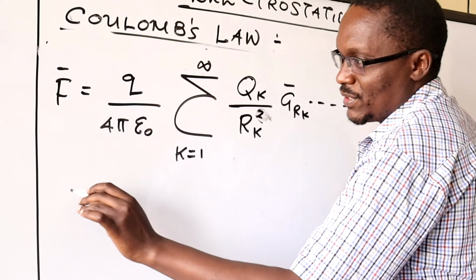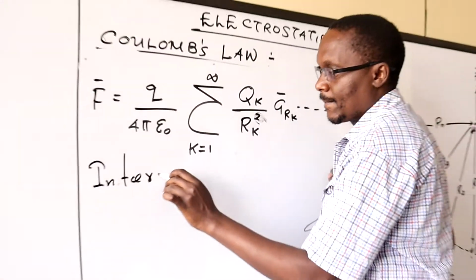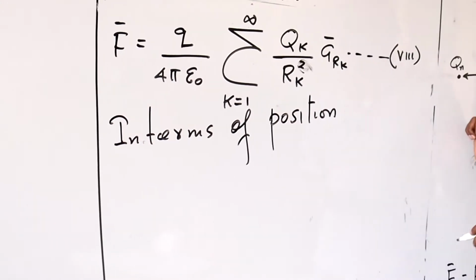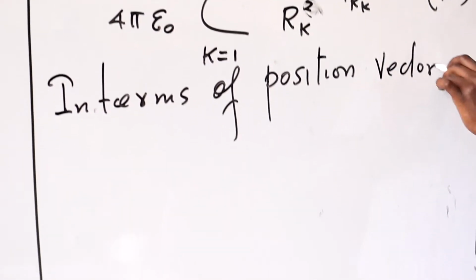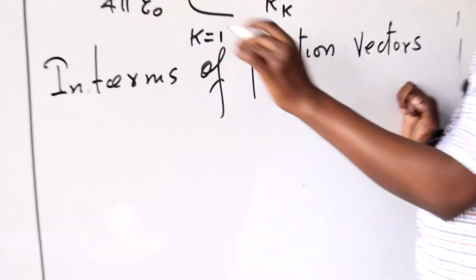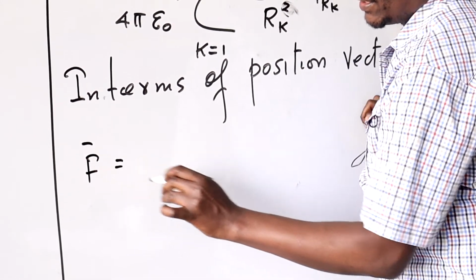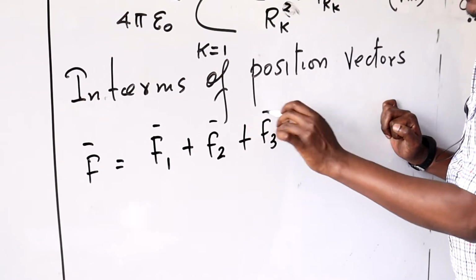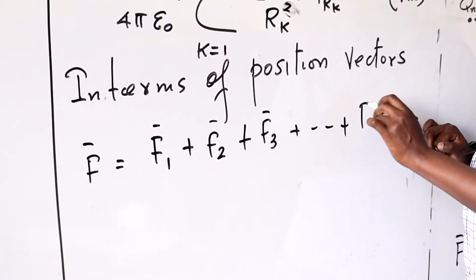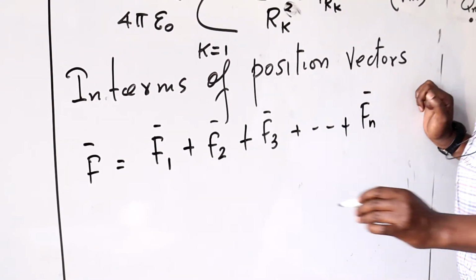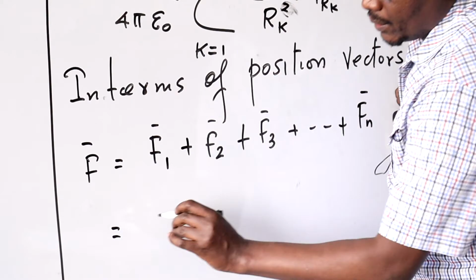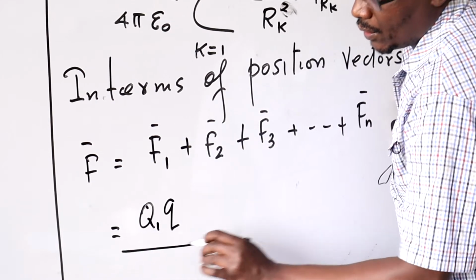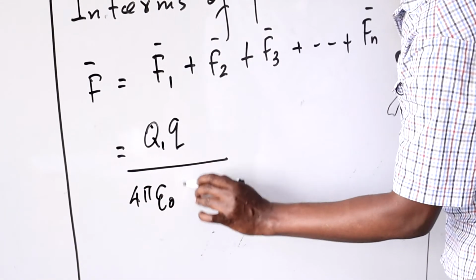So maybe in terms of position vectors, we can also say that F bar can still be represented as F1, F2, F3, all the way up to Fn, and this will be Q1 Q all over 4 pi epsilon naught.